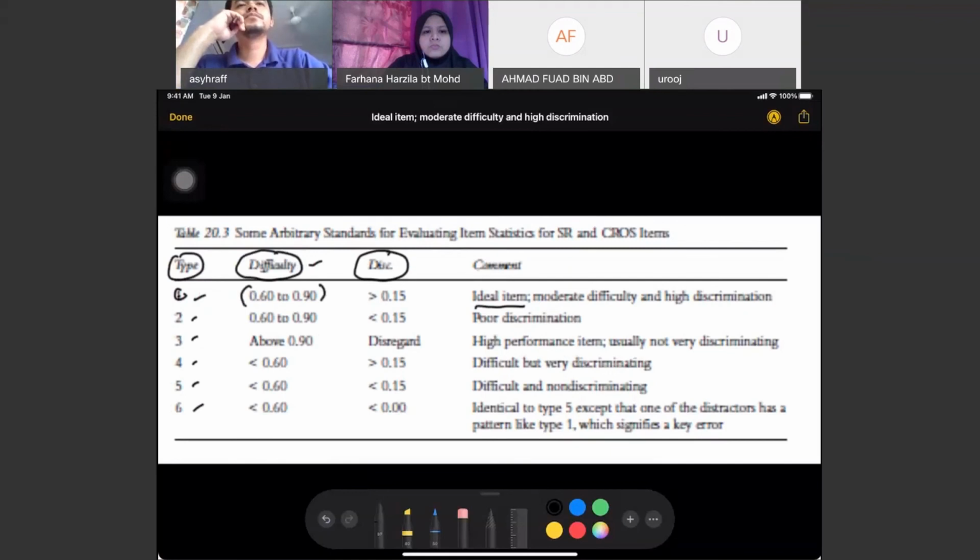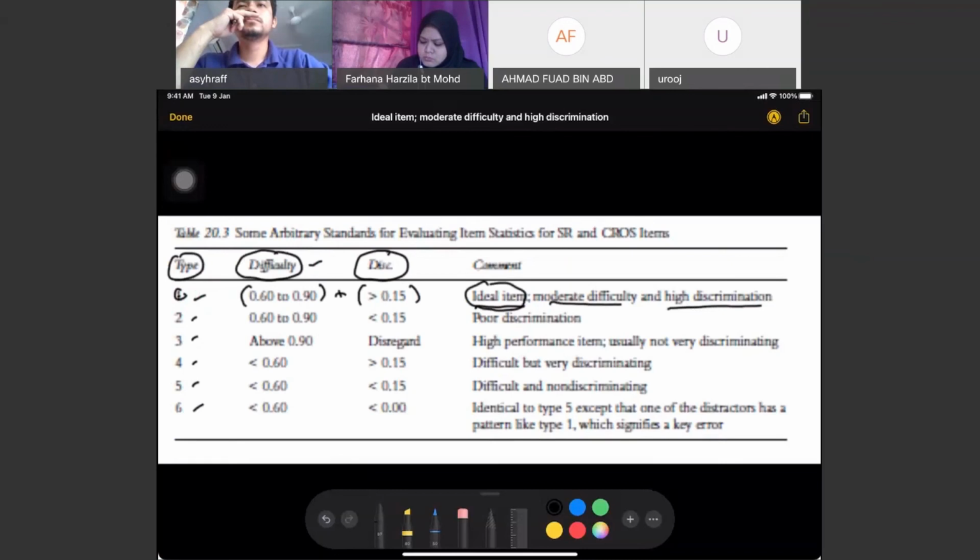And the discrimination is more than 0.15. I mentioned 0.2 just now, right? But for Downing, he takes it at 0.15. You can change, no problem. So according to him, with this combination, it's an ideal item: moderate difficulty, high discrimination.